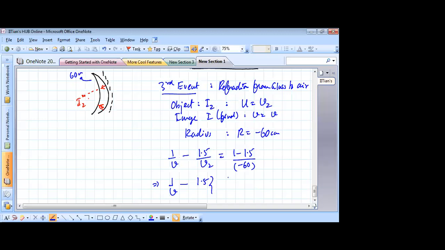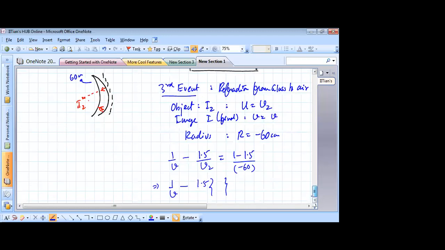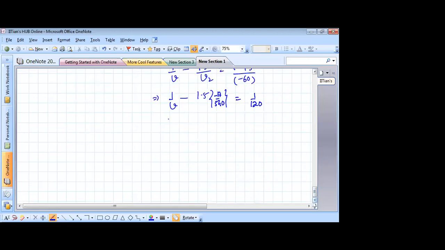So 1 by V2 we had got over there as minus 17 by 540, not 1 by 1. So we get 1 by V equal to 1 by 120 plus, sorry, minus 17 by 1.